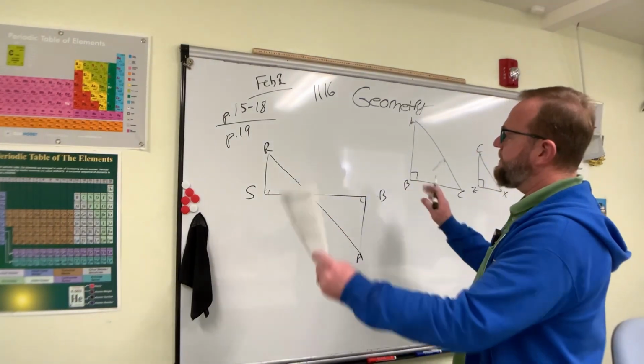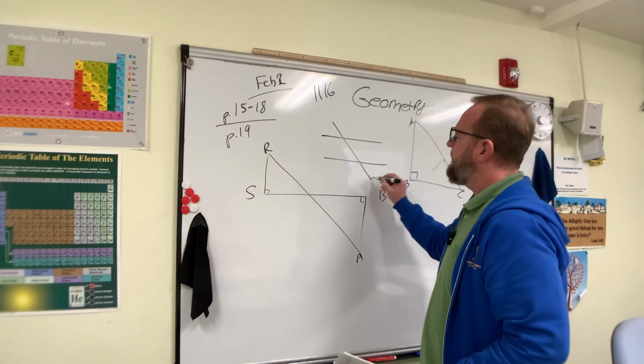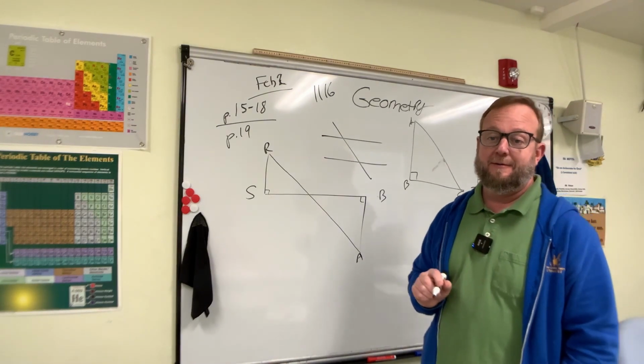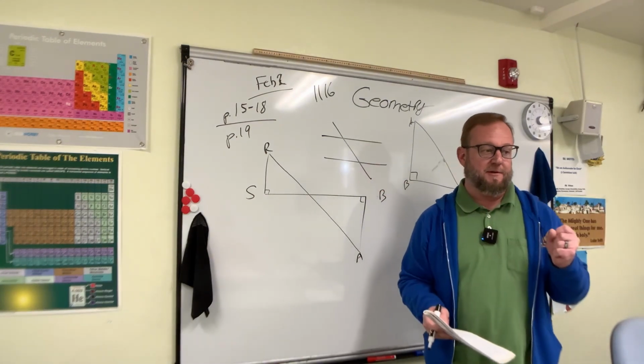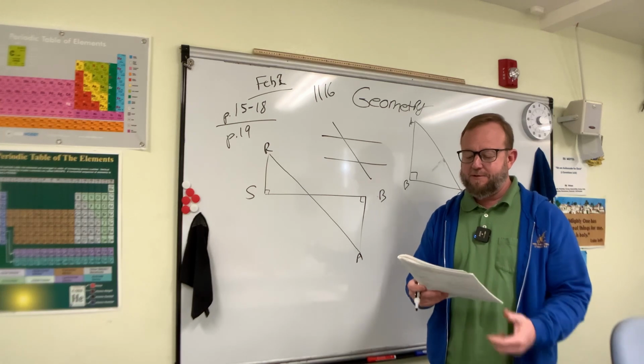Perhaps if we got some of the distractions out of the way and we drew our old friend this, remember when we were drawing this, what was the term we were using all the time? Transversals. Remember transversals?